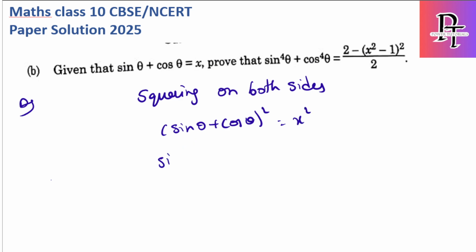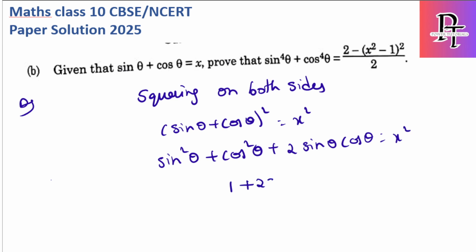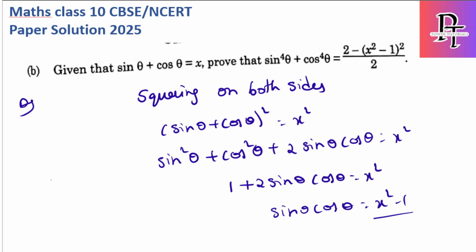Sin square theta plus cos square theta plus 2 sin theta cos theta is equal to x square. Sin square theta plus cos square theta we already know is 1. So 1 plus 2 sin theta cos theta is equal to x square, or you can say sin theta cos theta is equal to x square minus 1 by 2. So keep it as 1.